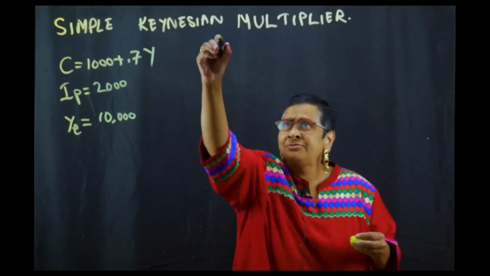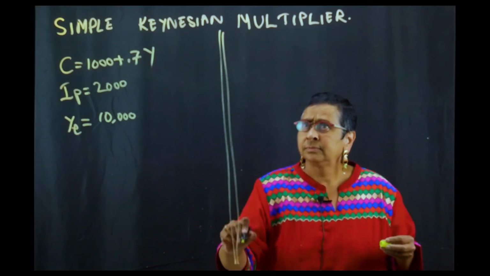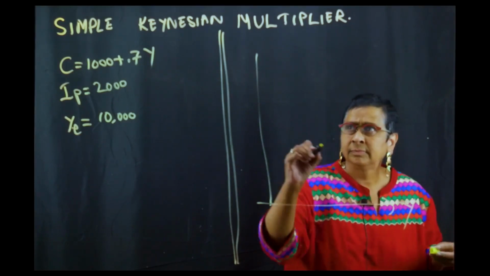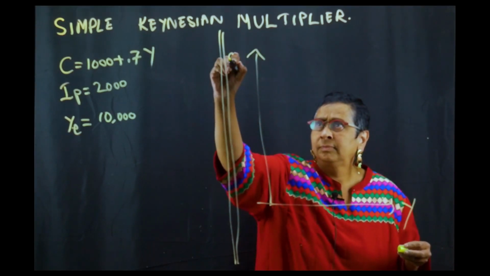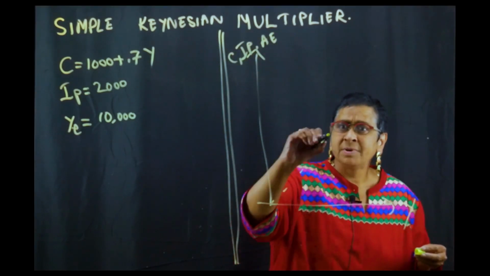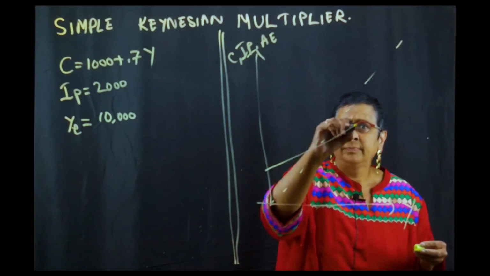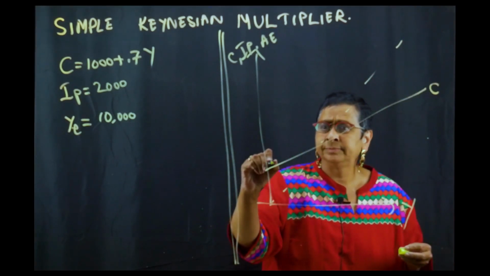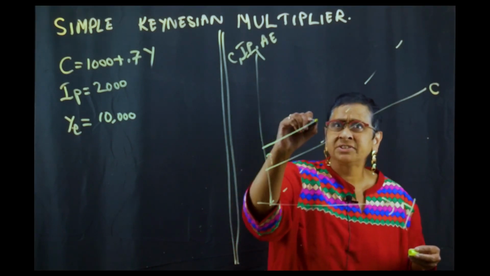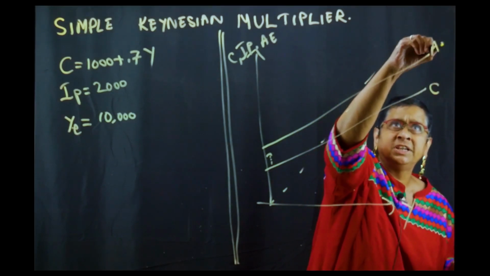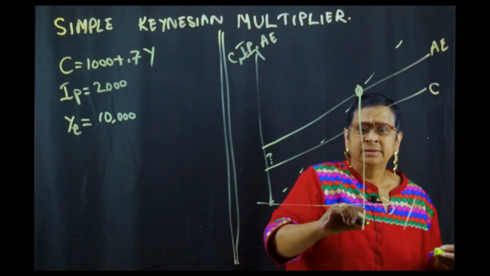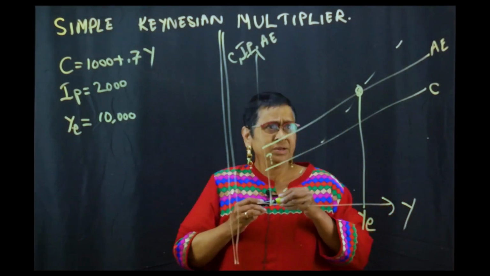And when I graphed it, there's my 45-degree line, there's my C, to which I added my planned investment, which gave me my AE, and there was my equilibrium level of income.